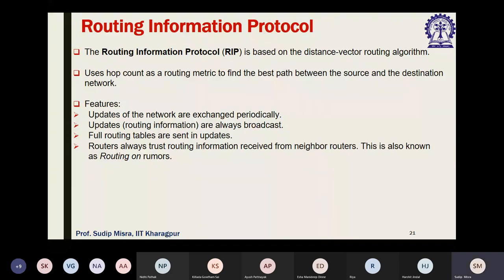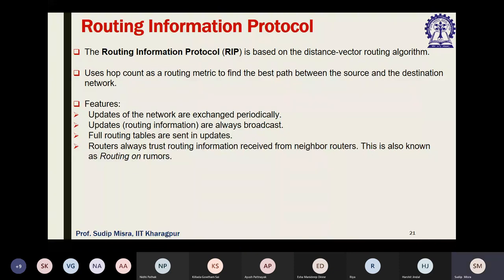So for this update or periodic timer, the maximum value for timeout is 30 seconds. This one is 180 seconds, and this one is 240 seconds.